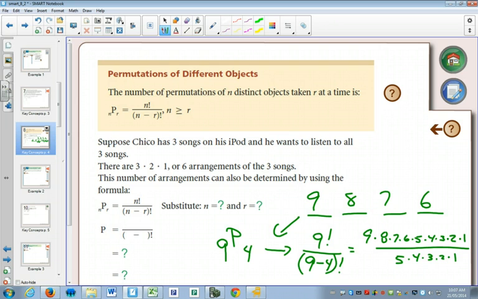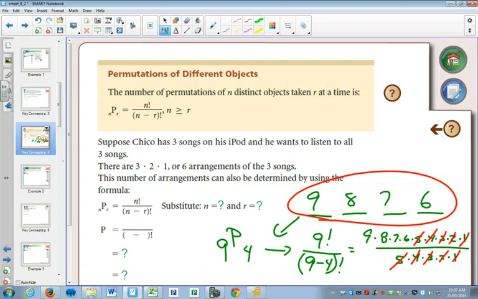So it's going to be quicker to cancel out these 5s and 4s and 3s and 2s and 1s. And you get 9876, which is what we had already using our old technique, which is a better technique in this case anyways. But this is what the formula for permutations is, and this formula is on your formula sheet.